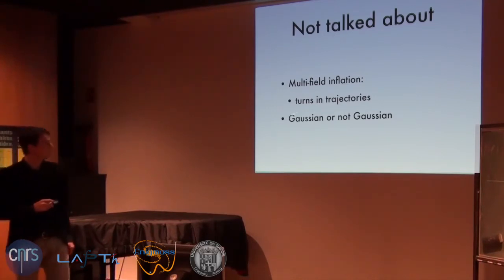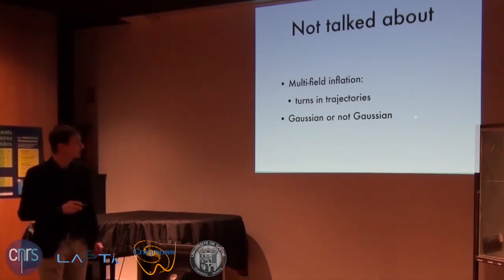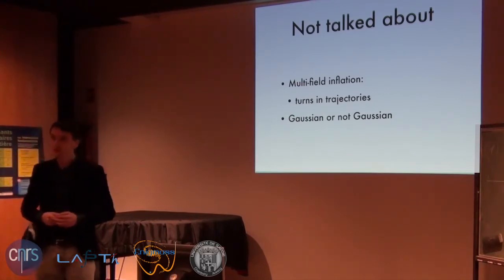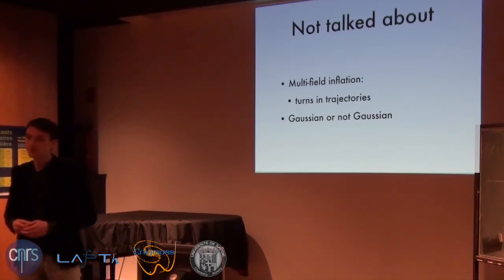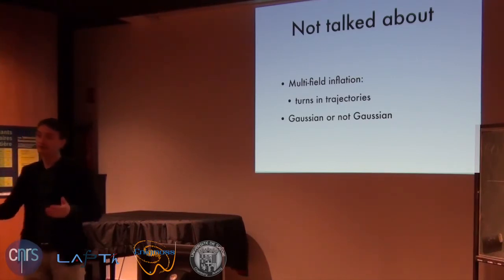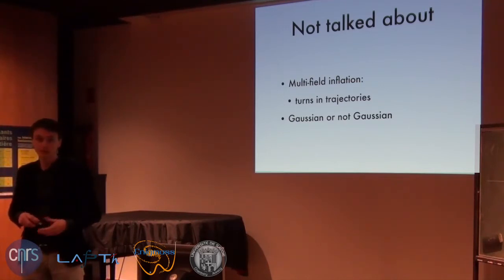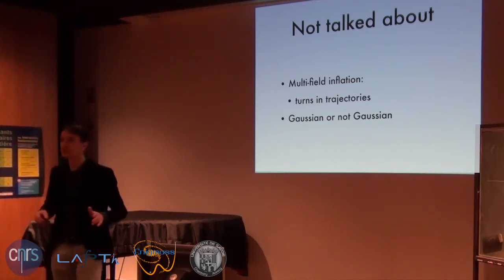Another thing that I have not talked about is the fact that this single scalar field produces a spectrum of perturbations that is practically Gaussian. I say practically because only at the linear level will it be absolutely Gaussian, because we're talking about an individual degree of freedom that doesn't couple to anything.